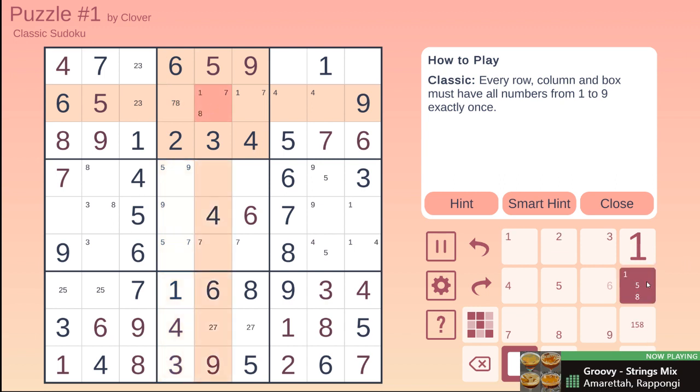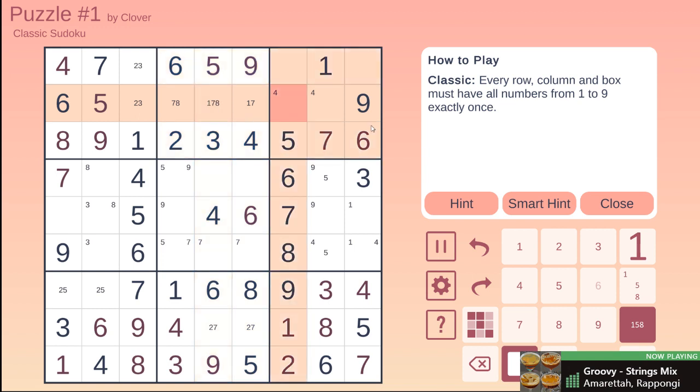Seven, 8. 1, 7, 8. Okay. Good. Which means this square has to be a 4, and I guess it could also be a 2 or a 3, huh? It's like 4, 2, 3.